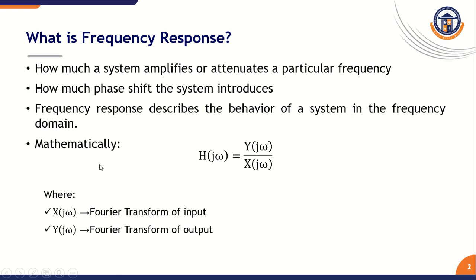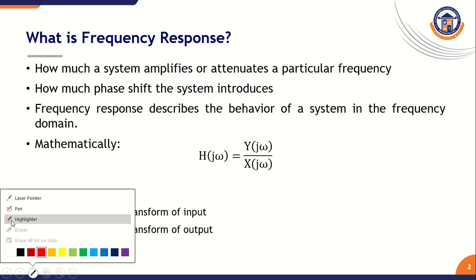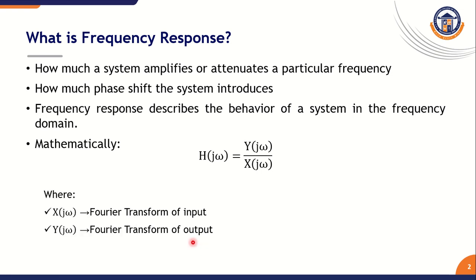Mathematically, it is defined as capital H of j omega equal to Y of j omega divided by X of j omega, where X of j omega is the Fourier transform of the input and Y of j omega is the Fourier transform of the output. If we know the frequency response, we can completely understand the system behavior in the frequency domain.